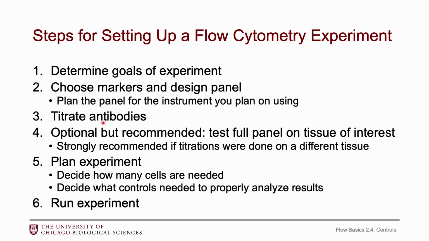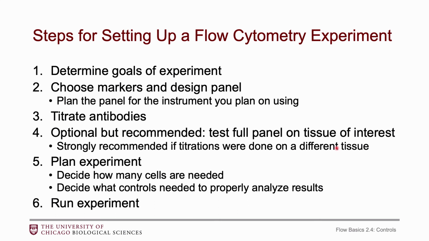Then I strongly recommend titrating your antibodies, and if you have the time, testing out the full panel of fully titrated, optimized protocol on your actual tissue of interest. Ideally, if you can't do it on your actual tissue, at least do it on a different tissue.